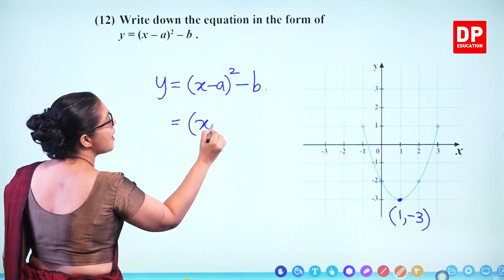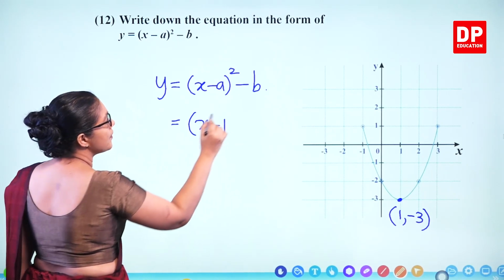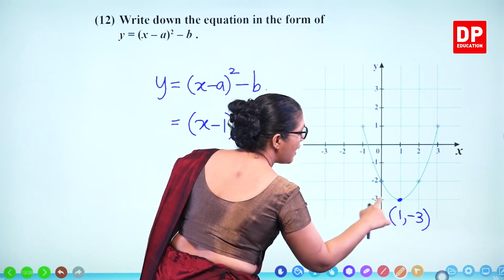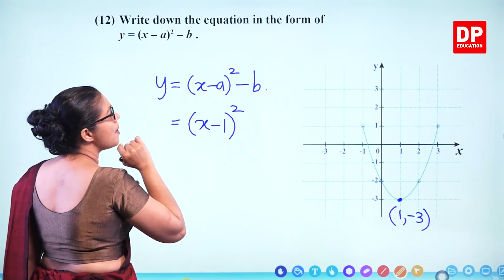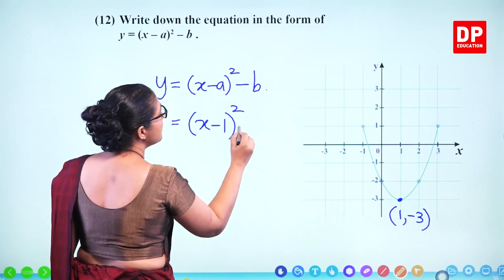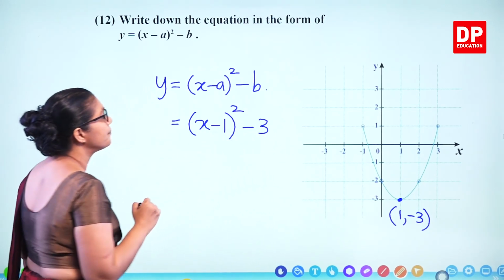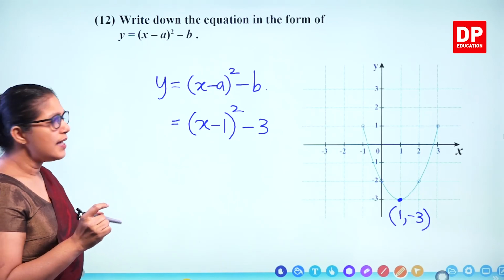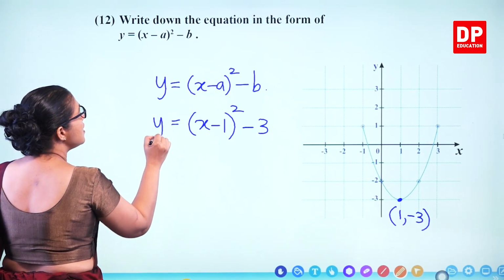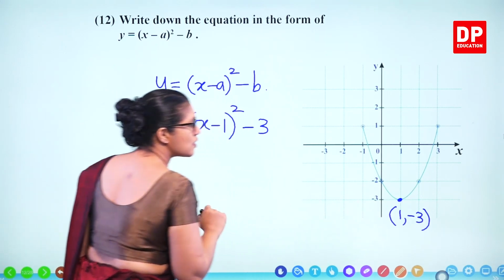So a becomes 1 there. (x minus 1) squared, and the y value here comes as b. So minus 3 is there. So that's how you write down the equation of the quadratic function using the vertex point.